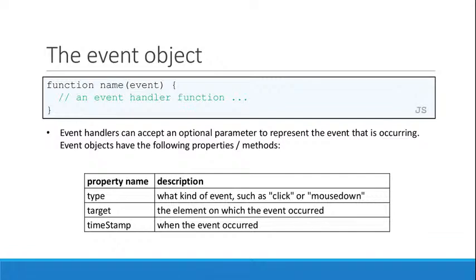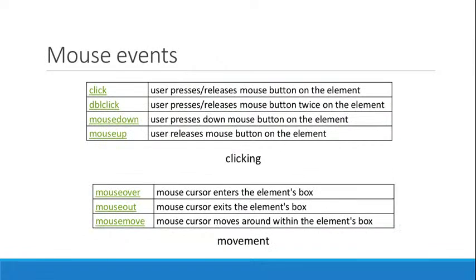The type tells what kind of event happened, such as a click or a mouse down. Target is the element on which the event occurred, and the timestamp tells at what point in time the event occurred. So you have a simple function with a name and the event as the parameter, and an event handler function is then defined.